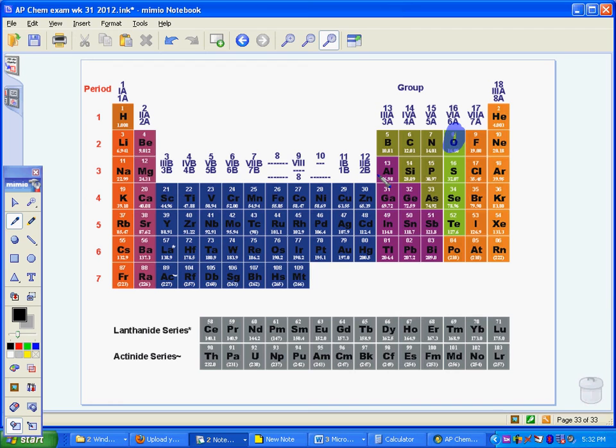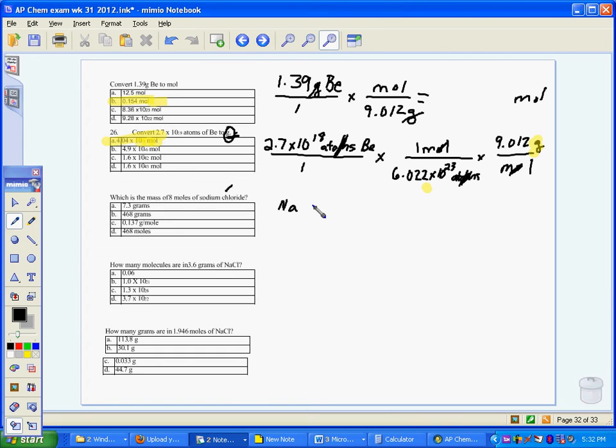Chlorine, 35.45, so I'm going to say 35. So I've got 23 plus 35 gives me 58 grams per mole for sodium chloride.